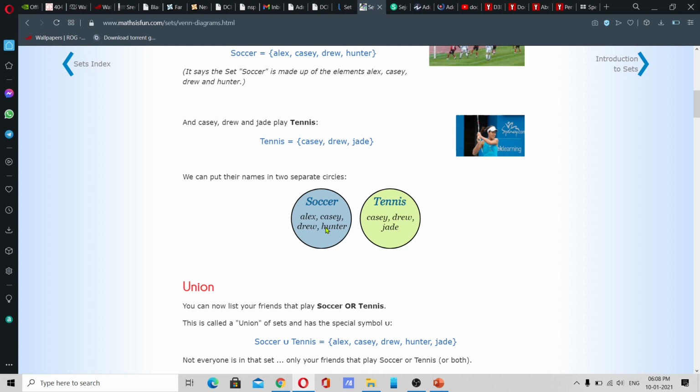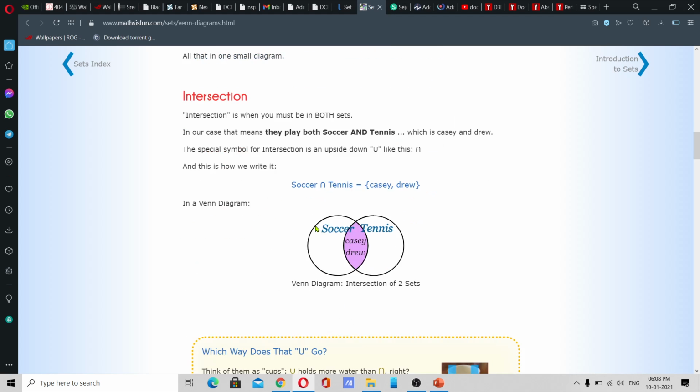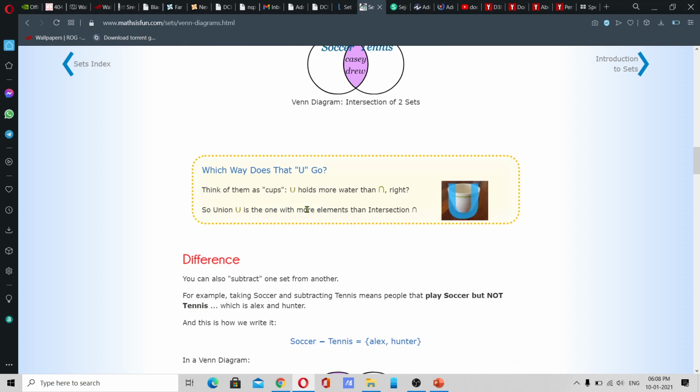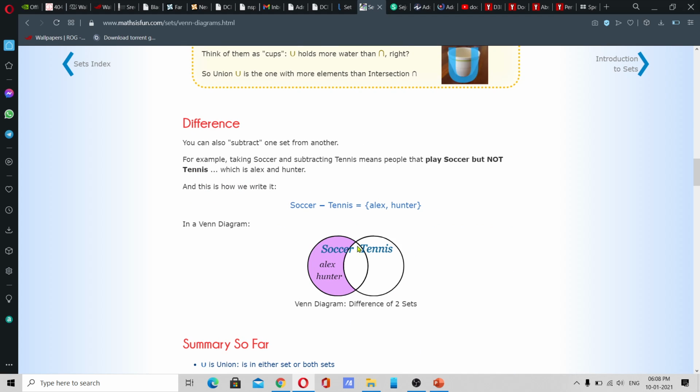So how are we going to represent it in pictorial form? It will be like this. See, two sets are joined together, soccer and tennis, and we should consider only those events that are especially there in soccer. We have mentioned that Alex and Hunter were the two persons playing especially soccer and not tennis.